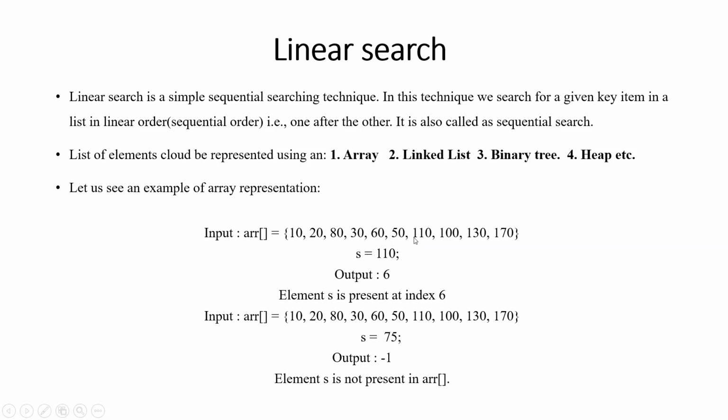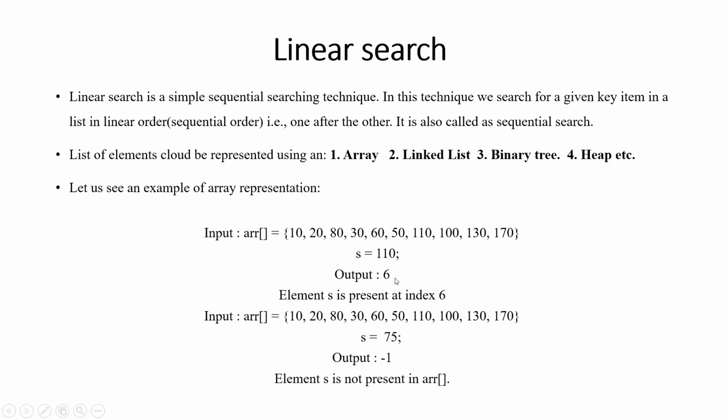Here the element 110 is present at index position 6, since the array index starts from 0 to n minus 1. So the output generated is 6. On the 6th index position, the element 110 is stored. This is the answer for the search element.